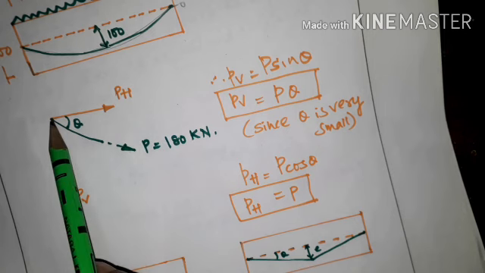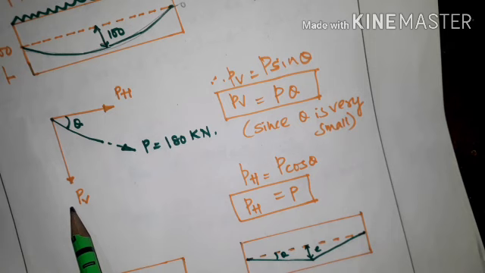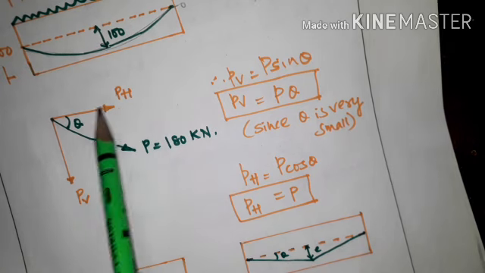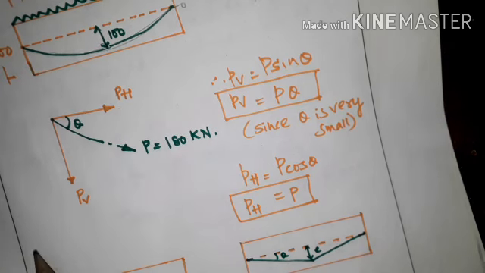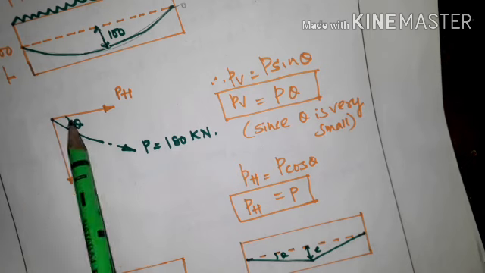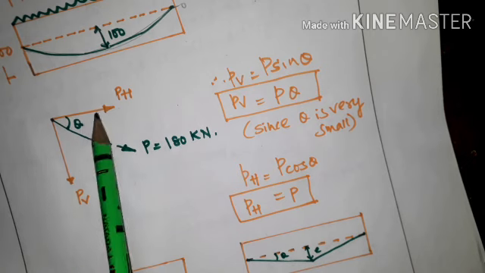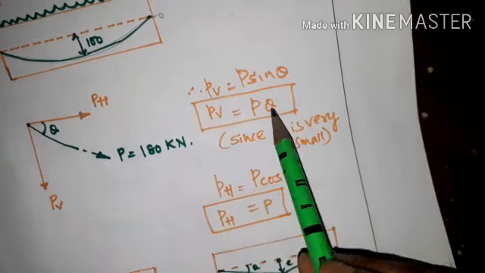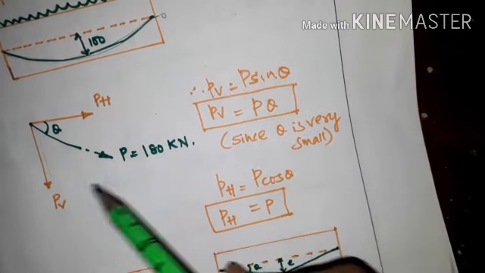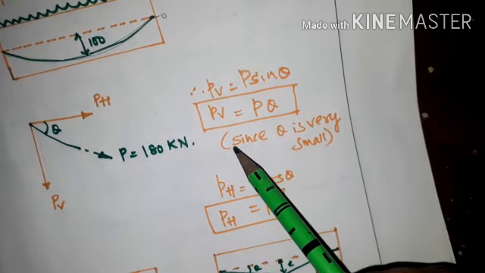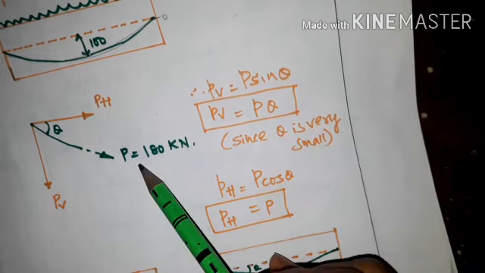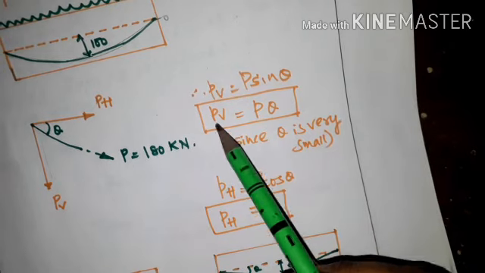So for the parabolic cable profile, we have to find its horizontal component and vertical component, with respect to theta, the angle from the horizontal axis. PV is equal to P sin theta, the vertical component of the pre-stressing force.